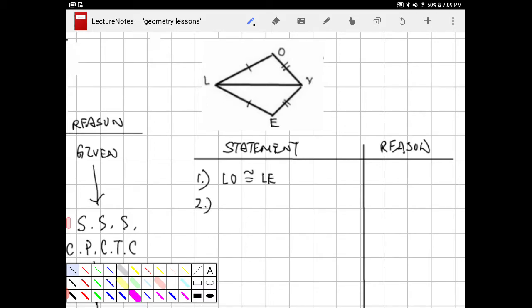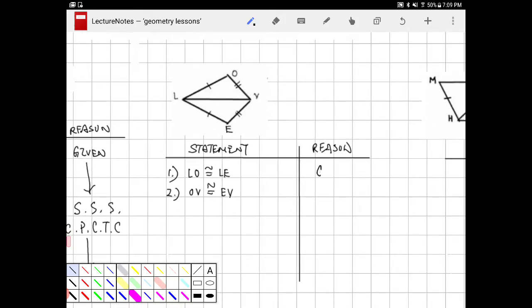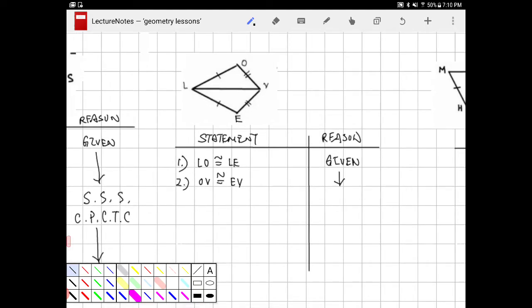And I know that OV is congruent to EV. These are the only two sets of givens provided for me in the diagram. However, upon closer inspection, I noticed that quadrilateral LOVE, or actually triangle LOV, is sharing a side with triangle LEV, and that is LV.